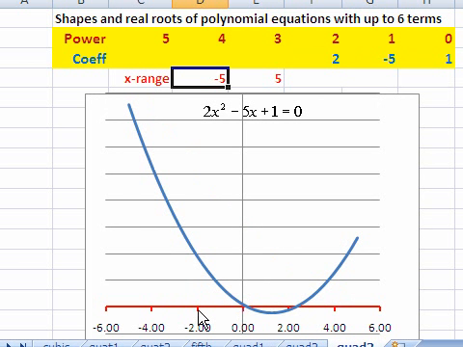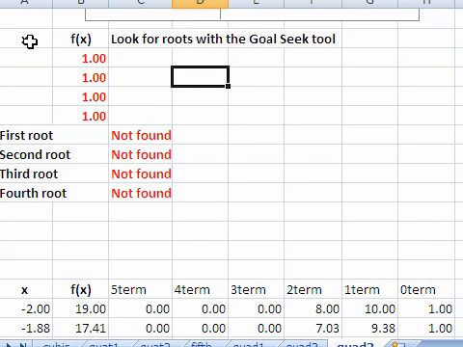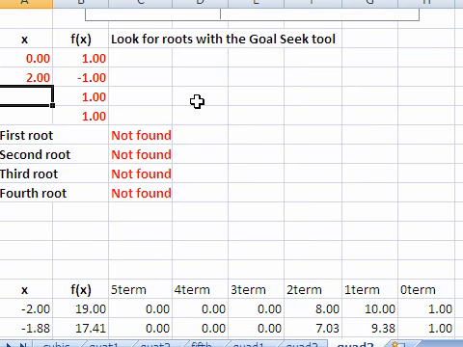So let's zoom in to -2 to +3 and take a look. -2 to 3, and there is one near 0 and one near 2. We go to the root section, put in 0 here and 2 there. They are not roots, of course, it's near there.